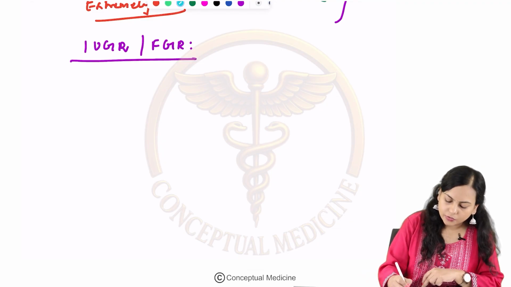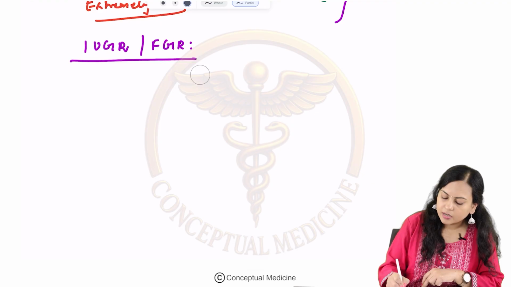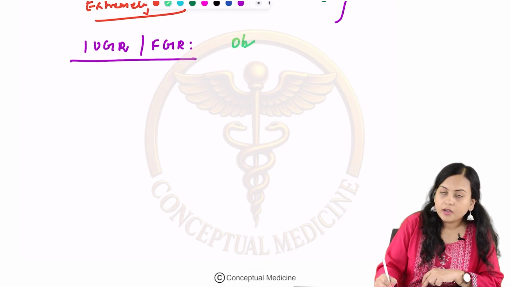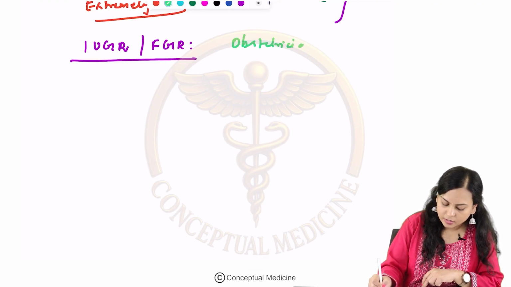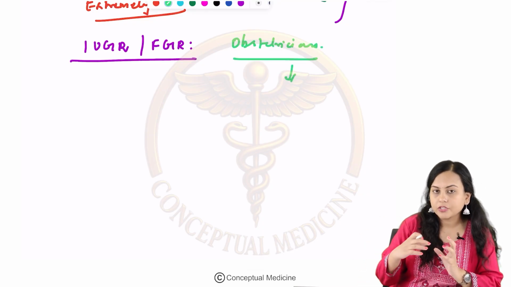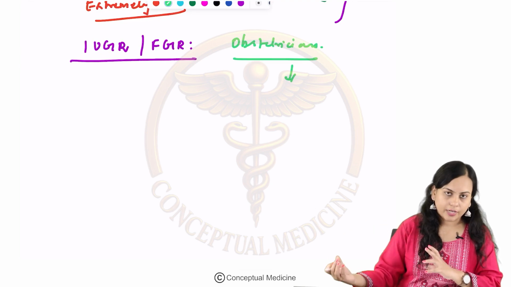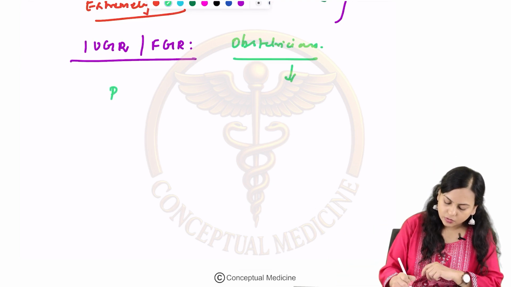This definition is generally used by the obstetricians. It describes the pattern of growth of the baby in utero over a period of time.